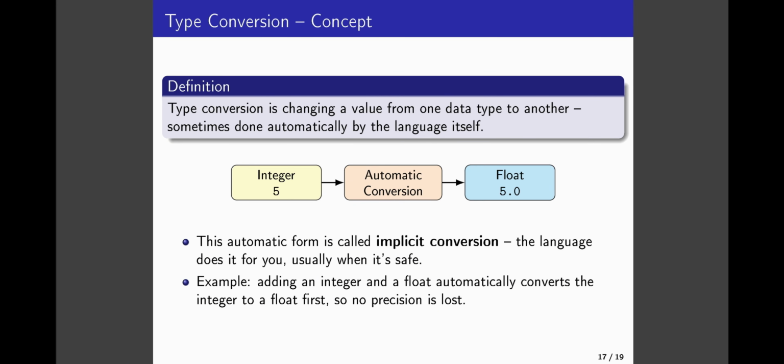It goes through automatic conversion and comes out the other side as a floating point 5.0. This automatic form is called implicit conversion. The language does it for you, usually when it's completely safe to do so. Adding an integer and a float together automatically converts the integer to a float first, so no precision gets lost along the way.